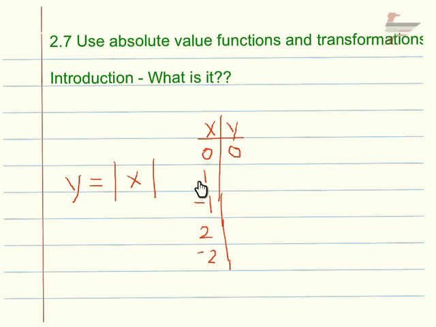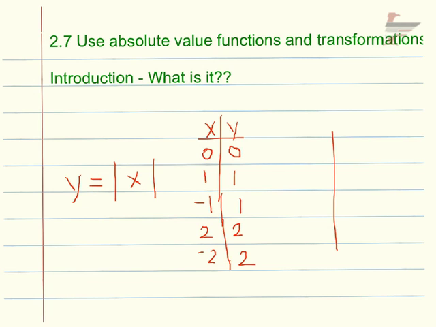If I put 1 in for x, the absolute value of 1 is 1. But if I put -1 in for x, the absolute value of -1 is also 1, hence the y value, both 1. Obviously, same thing going to happen with 2, right? Absolute value of 2 is 2. Absolute value of -2 is also 2, so the output is 2.